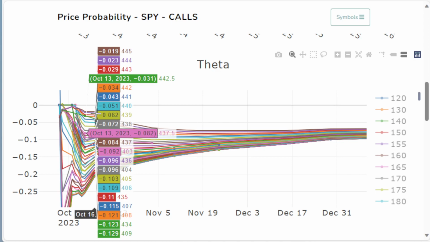So with something like this, we can look at it and say, well, my goal is to make X amount of money per day, and you can use theta to do that. If you use something like a vertical spread, you could pick two values and then use that difference to determine how much you could make per day.